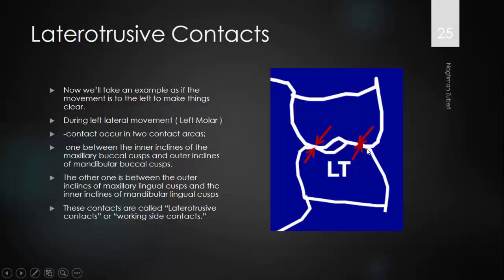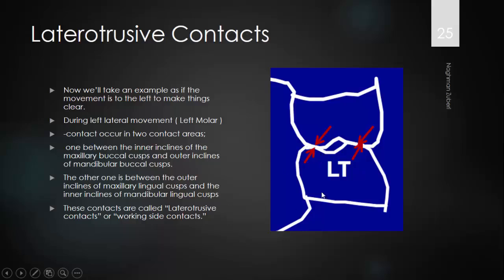And second will be on the lingual inclines or the outer inclines of the maxillary lingual cusp and facial inclines or inner incline of the lower lingual cusp. We call these contacts laterotrusive contact or working side contact.